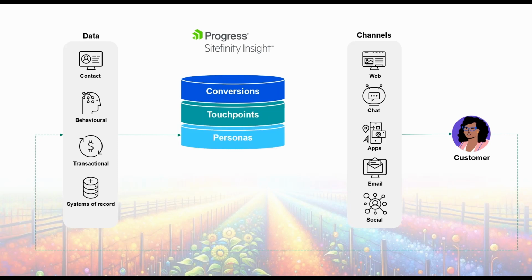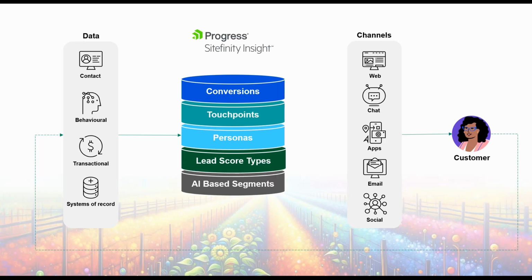We do that with things like our personas, our lead score types. We also have AI-based segmentation and unified contact. So we actually are able to create a deep customer journey analysis by giving you individual contacts and identifying what personas they're associated with, where they are in a lead score journey, as well as their entire journey in a timeline format to understand how they got to where they are today.